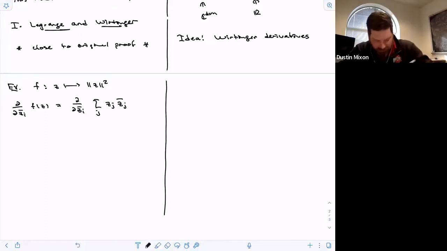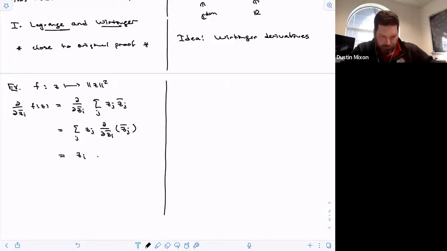You're treating formally z_i as an independent variable. So I push this in by linearity. And then this partial derivative vanishes except when i and j are equal. So I'm left with z_i.